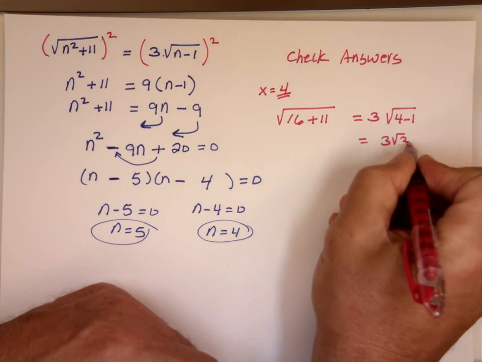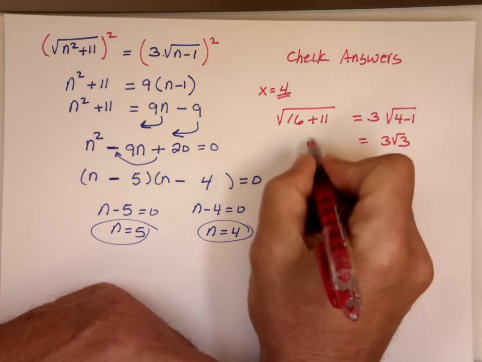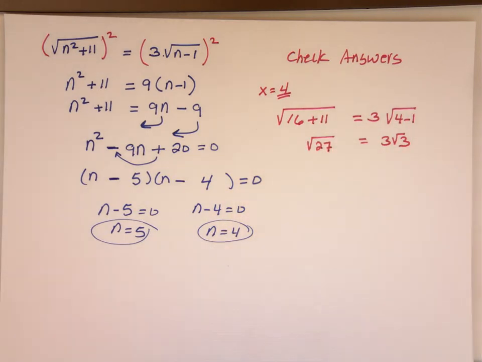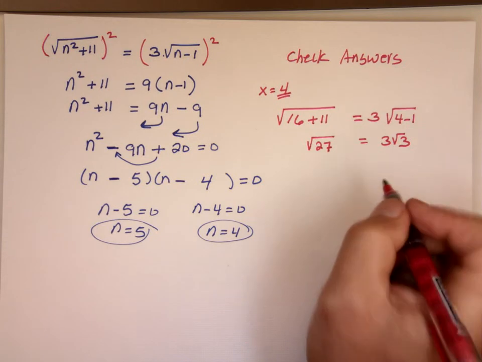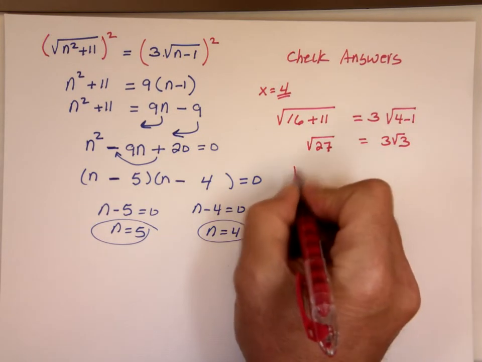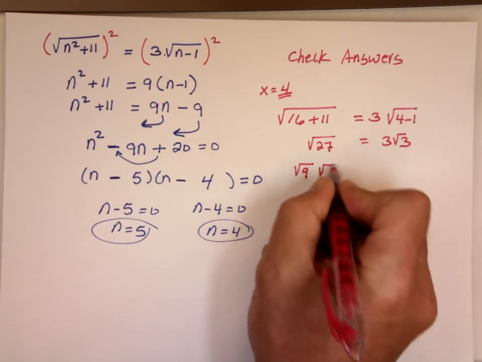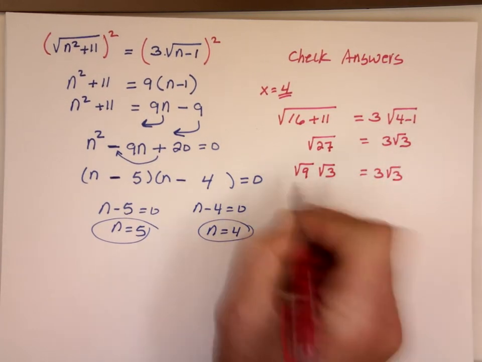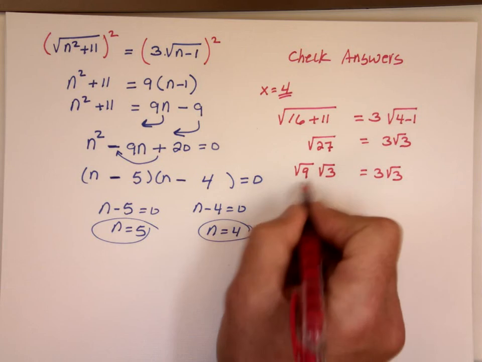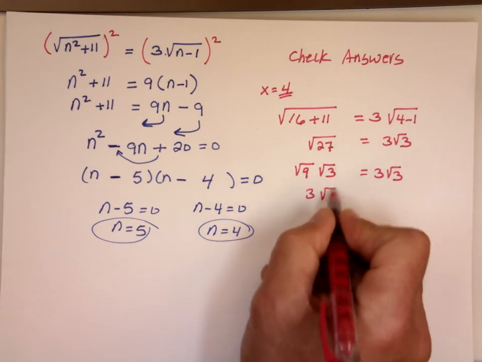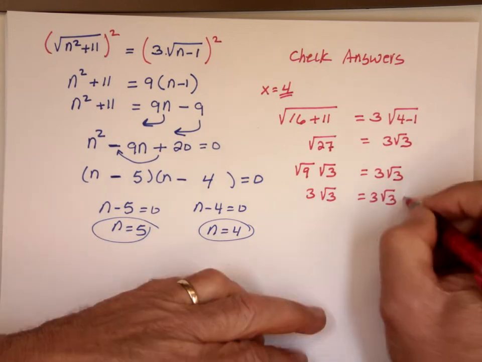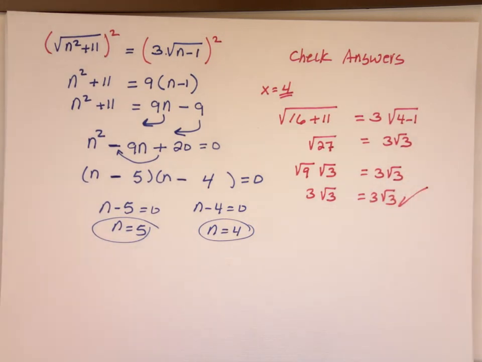This is the square root of 27. Can I simplify the square root of 27? Well, 27 is what? 9 times 3. And what is the square root of 9? Isn't that a 3? So it does work. 4 actually works fine. This side is equal to this.